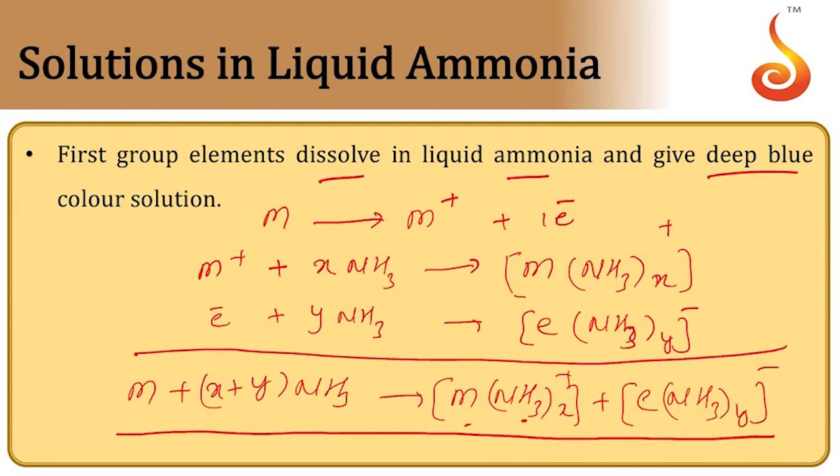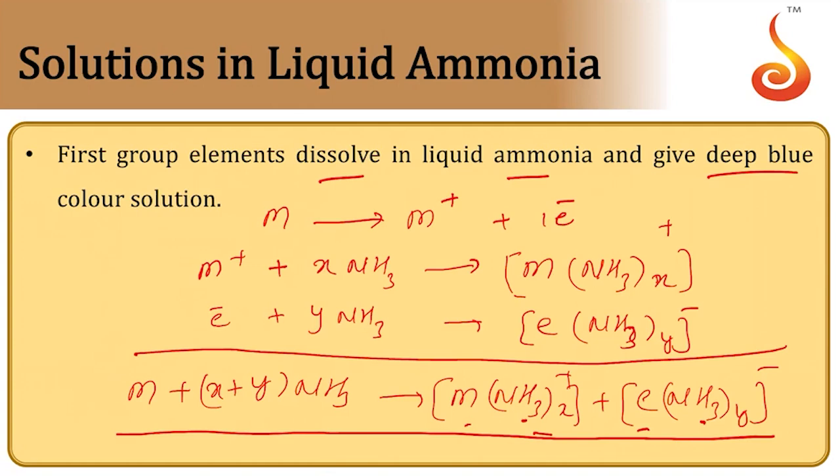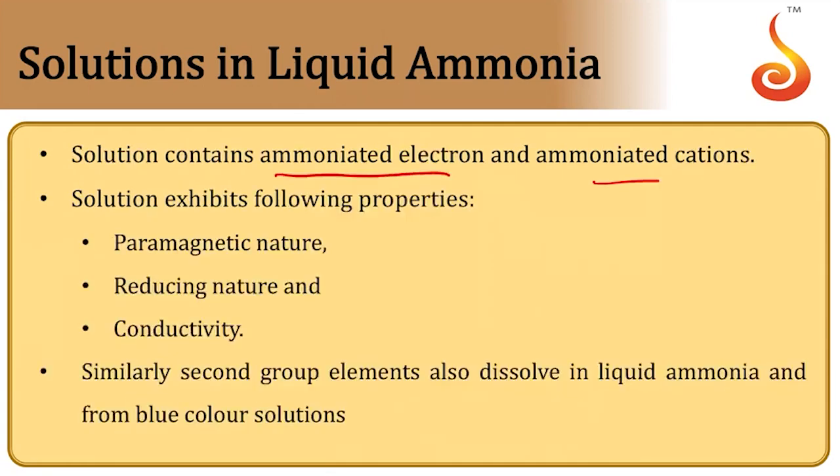The solution mainly contains ammoniated cations and ammoniated electrons. These ions present in the liquid ammonia solution of metals impart color to the solution. The solution exhibits the following properties because of these two.